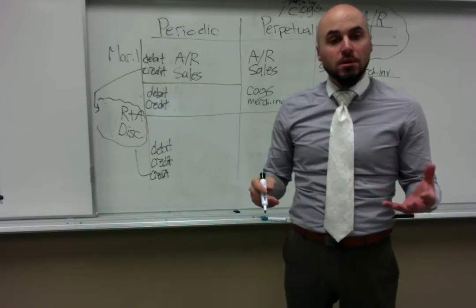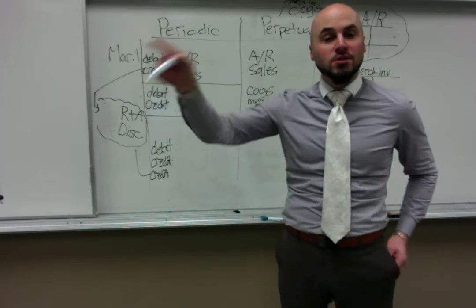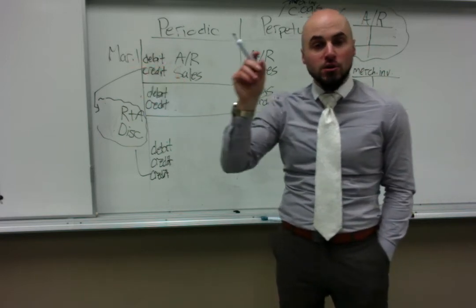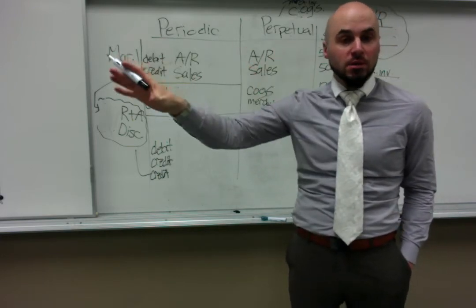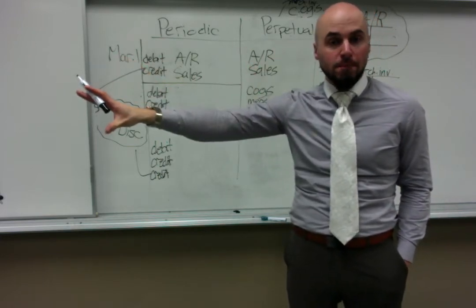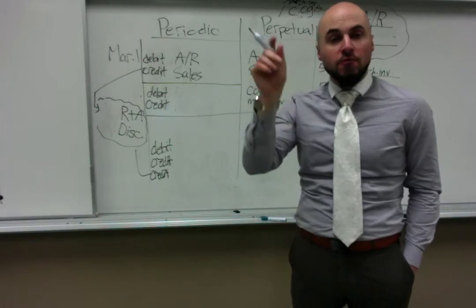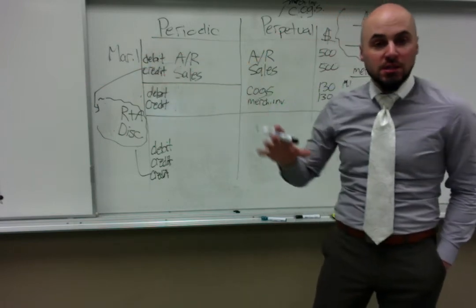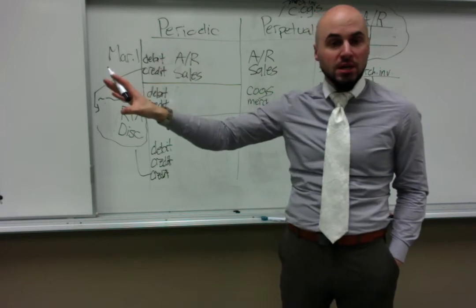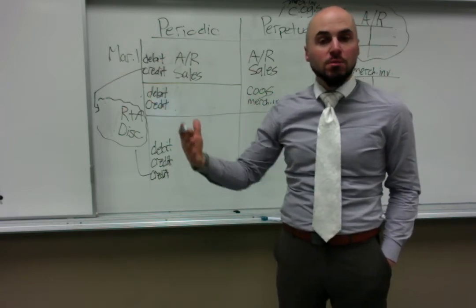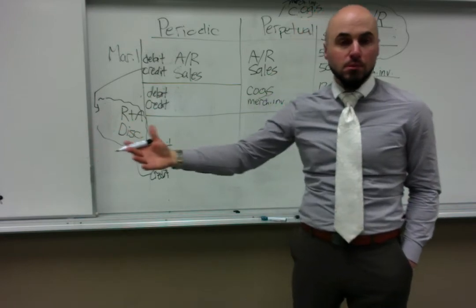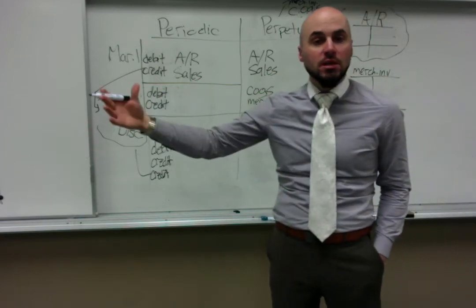This time, the sale means the customer, if they're doing a sales return and allowance, either they don't like something, so they're returning it. That would be the sales return. If it's a sale allowance, it means that they are not returning it. They're still keeping the item, but they want a reduction in the price because there's something wrong with it, or it's not matching what they actually ordered.